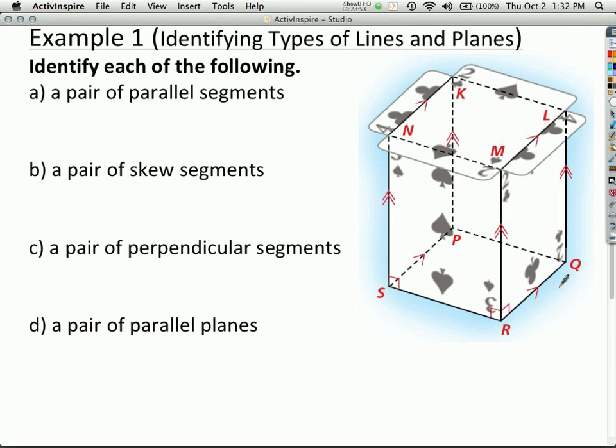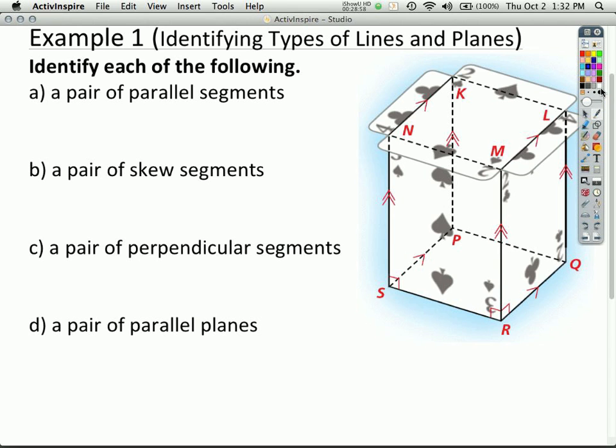So let's start with a pair of parallel segments. We can do this together with your input. Pair of parallel segments. Give me one. Nobody can give me a pair of parallel segments?